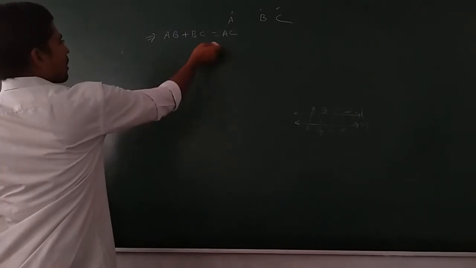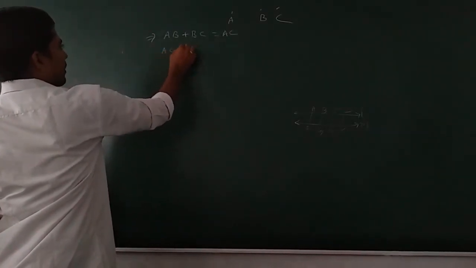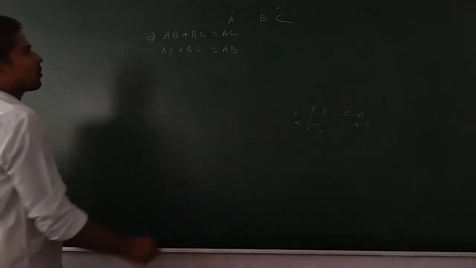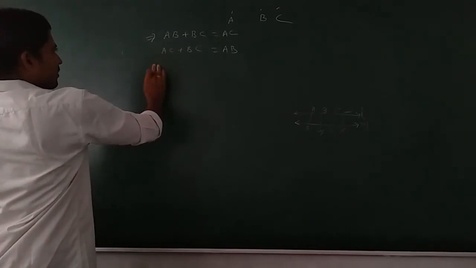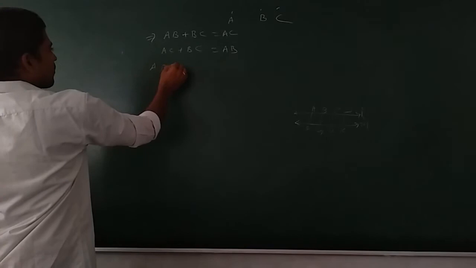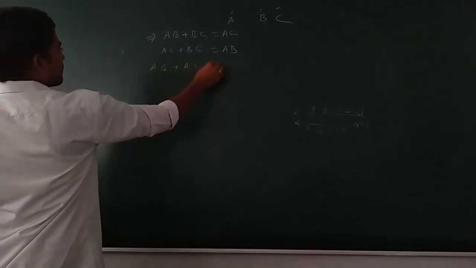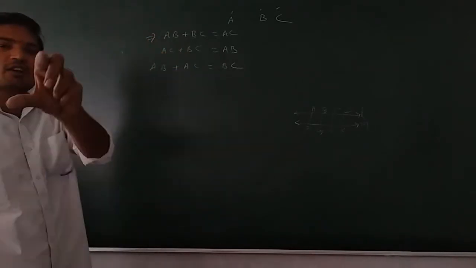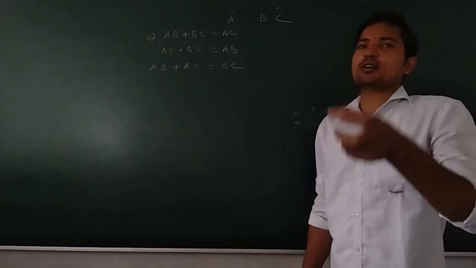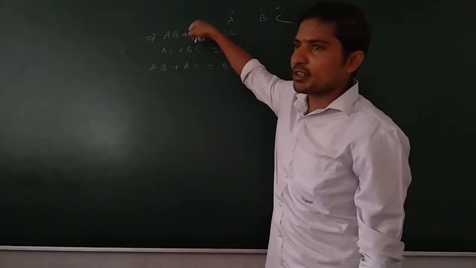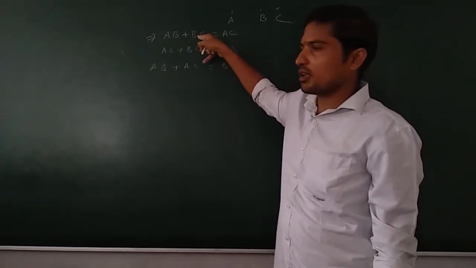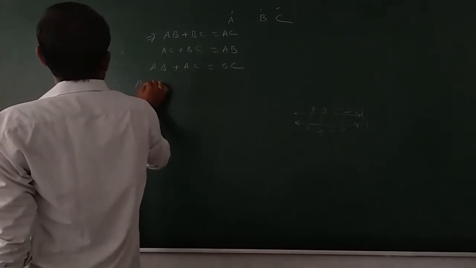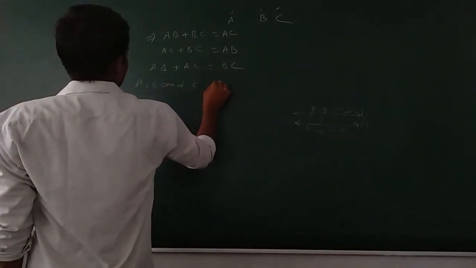Otherwise, AC plus BC is equal to AB, and AB plus AC equals BC. If anyone of these 3 conditions is satisfied, then you can say that those points A, B and C are collinear.